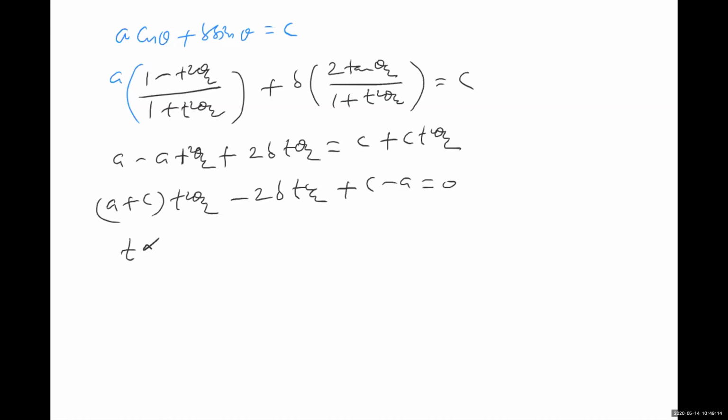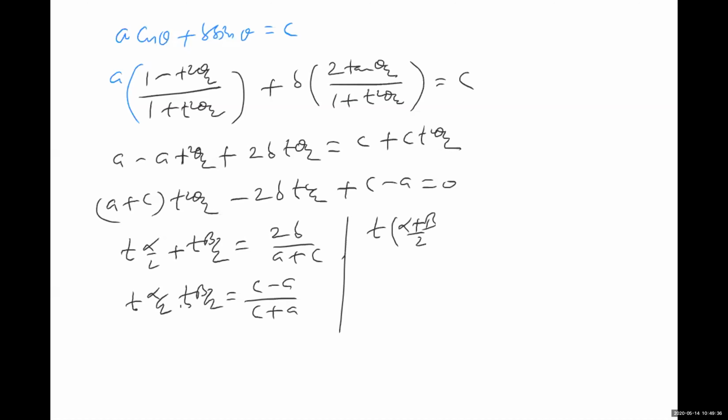So now from here, tan alpha by 2 plus tan beta by 2, the sum of the roots, is equal to 2B upon (A plus C), and the product of the roots, tan alpha by 2 into tan beta by 2, is equal to (C minus A) upon (C plus A). So from here you can calculate tan of (alpha plus beta) by 2, which is equal to (tan alpha by 2 plus tan beta by 2) upon (1 minus tan alpha by 2 tan beta by 2), by the tan(a plus b) formula.